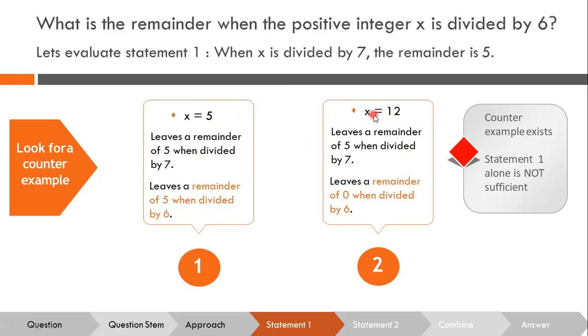And if somebody is putting x satisfying this statement, then dividing that number by 6, he is getting the 0 remainder. So that's why the answer is not unique. What I mean to say is, we are not getting the unique answer. If we are not getting the unique answer, then counterexamples are given.